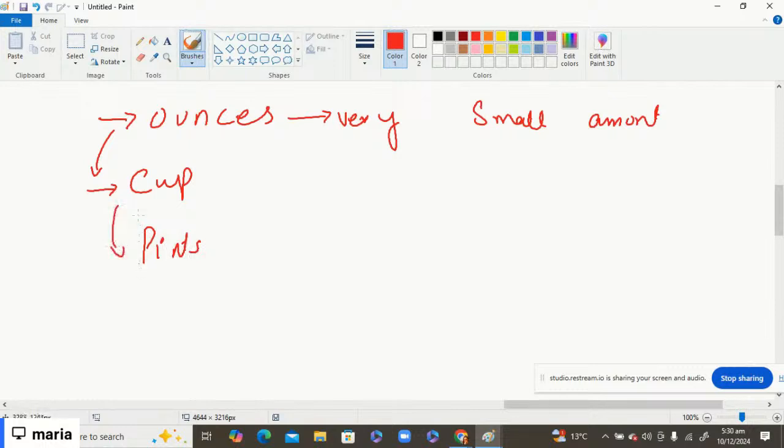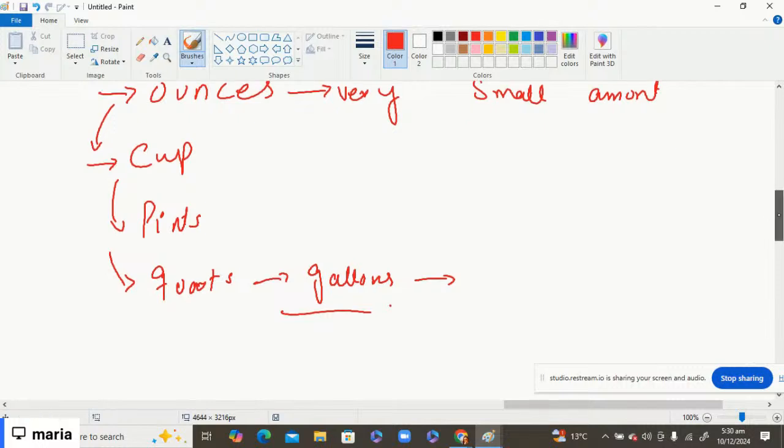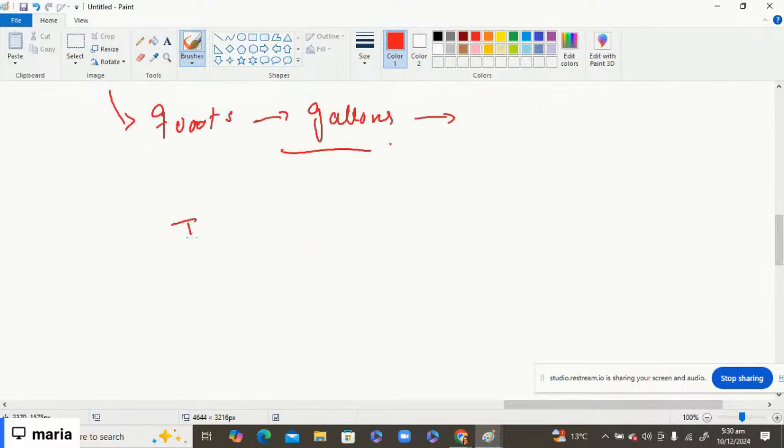Then quarts, which are larger. And the gallon is the very large amount of liquid. For example, a milk jug filled with milk is measured in gallons.